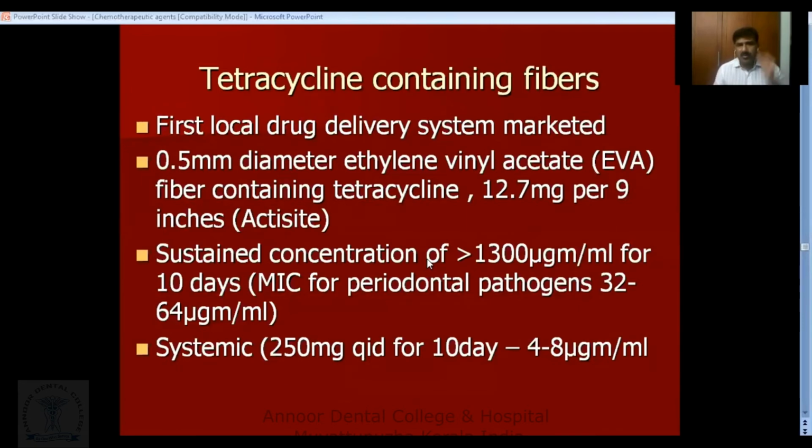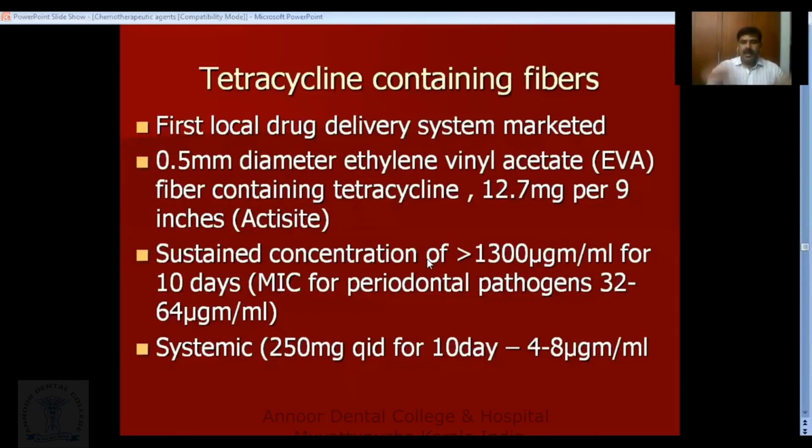Now this was the first marketed local delivery system available in the world. This consists of, I don't know whether you have come across gingival retraction cords. Gingival retraction cords are small, floss-like things. You will have seen floss definitely. Just before you take an impression for a crown or bridge, after you have prepared the crown or bridge, you put it within the gingival sulcus for a period of time.